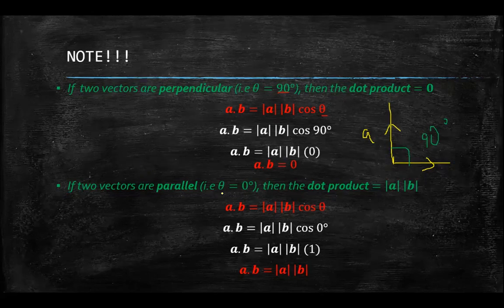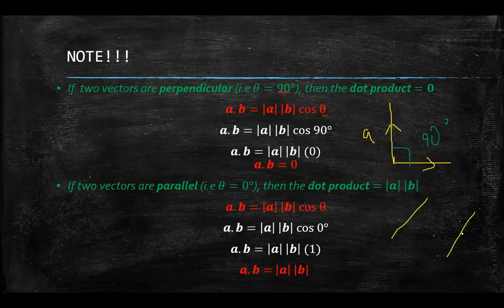If two vectors are parallel, meaning that the angle between them is 0, then the dot product is just the product of the two magnitudes. And this, again, is just a proof to show you that. So I have my formula. I know that the angle between them is 0, so I substitute theta to be 0 degrees.